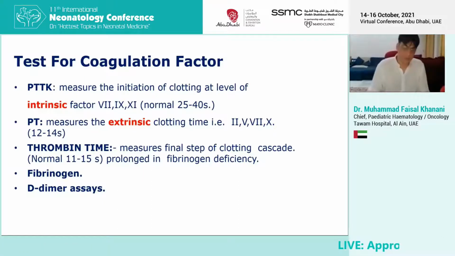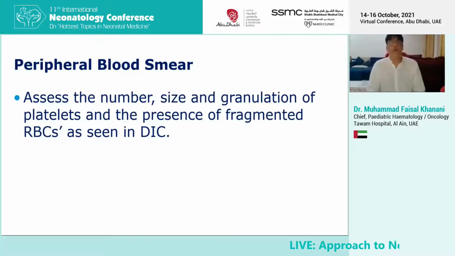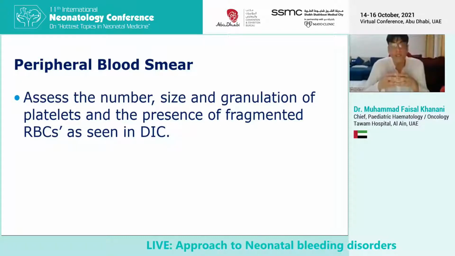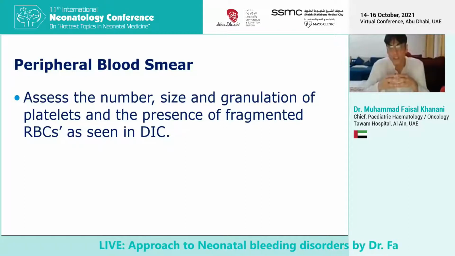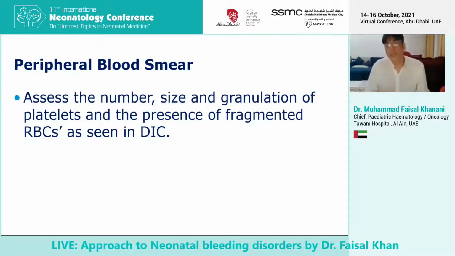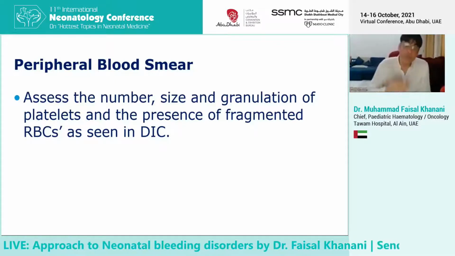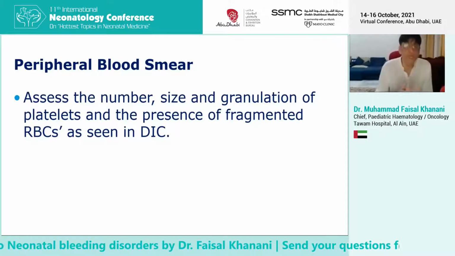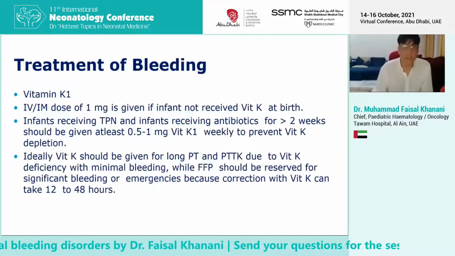Then fibrinogen and D-dimer. The other best thing is to look at a smear, which is very important when you're looking for DIC. You see fragmented RBCs, granulation of platelets, and toxic granules in the white blood cells if the child has sepsis.